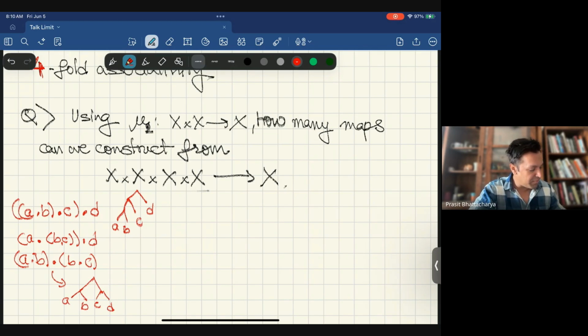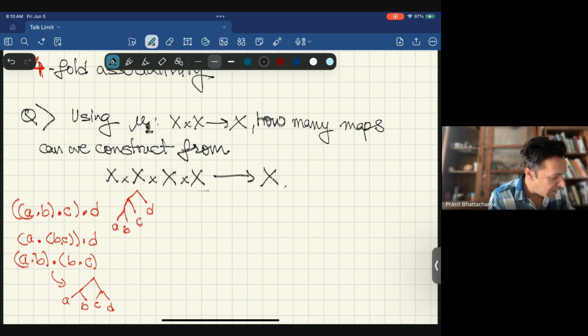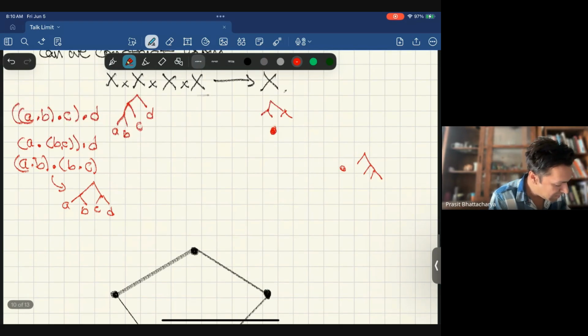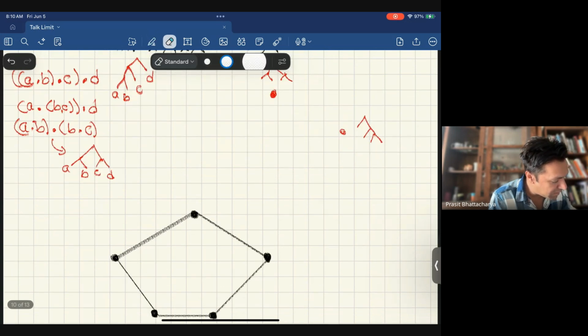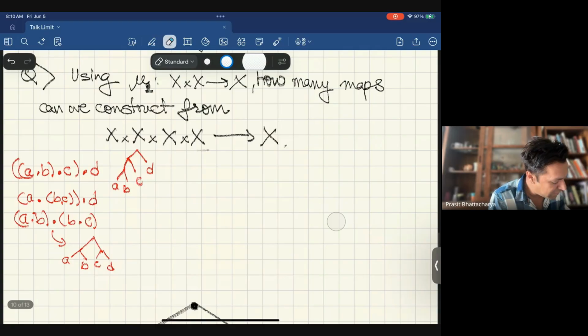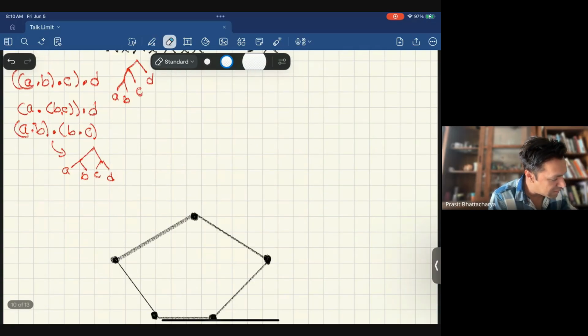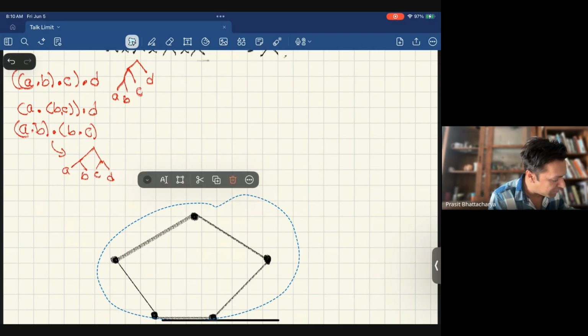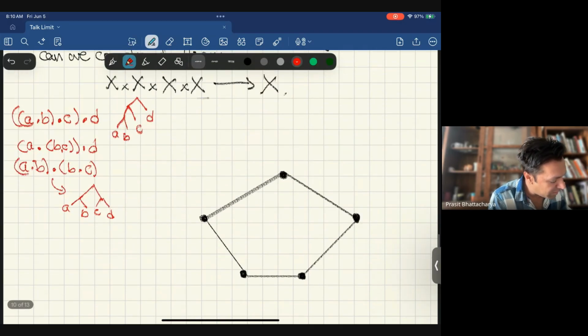So actually there are 5 of them. Oh, I actually have the pentagon here. You can think of these as the corners of this pentagon. So let me write them down.